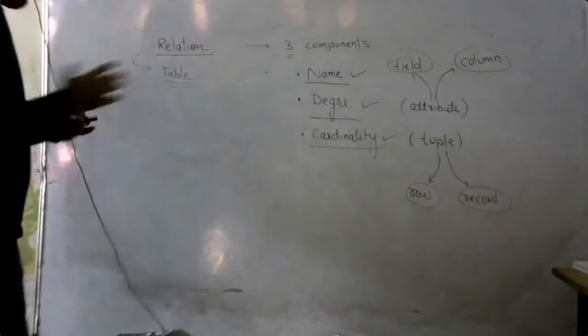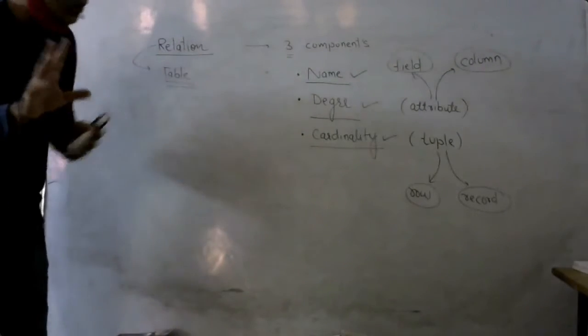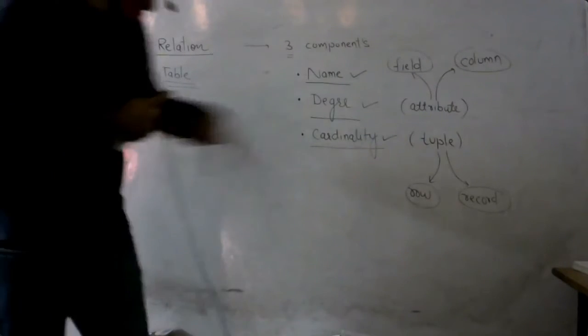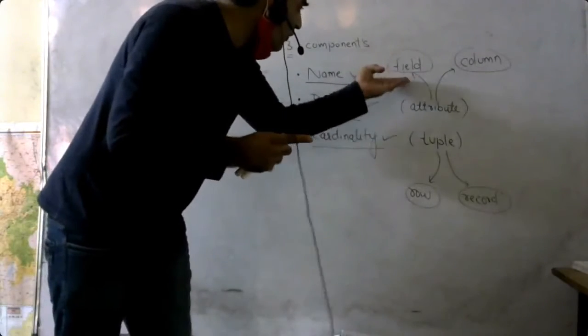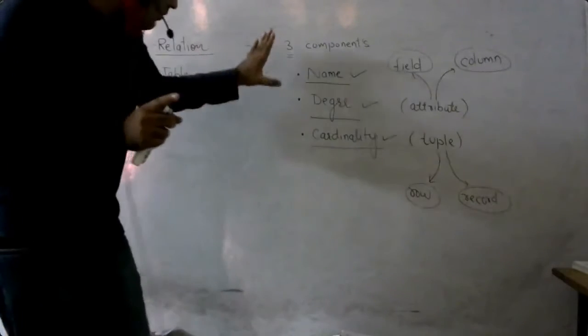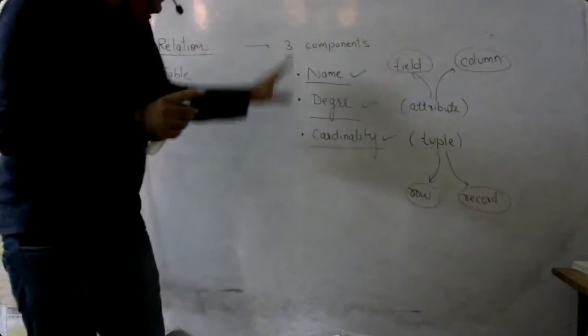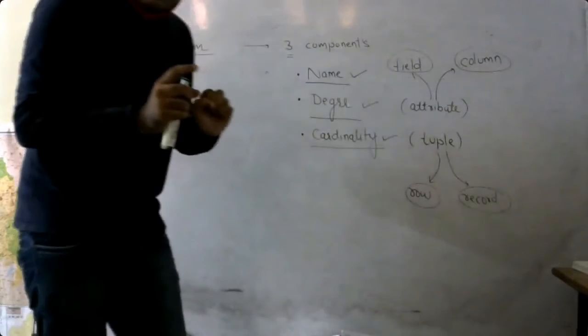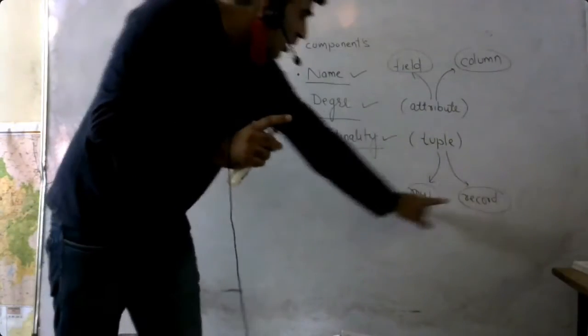So in a relation, there are not only three components, there are more than three components. Attribute or field or column, whatever you say, is also a component of a relation. But I'm talking about the main three components. If we talk about a tuple, it means row or record.